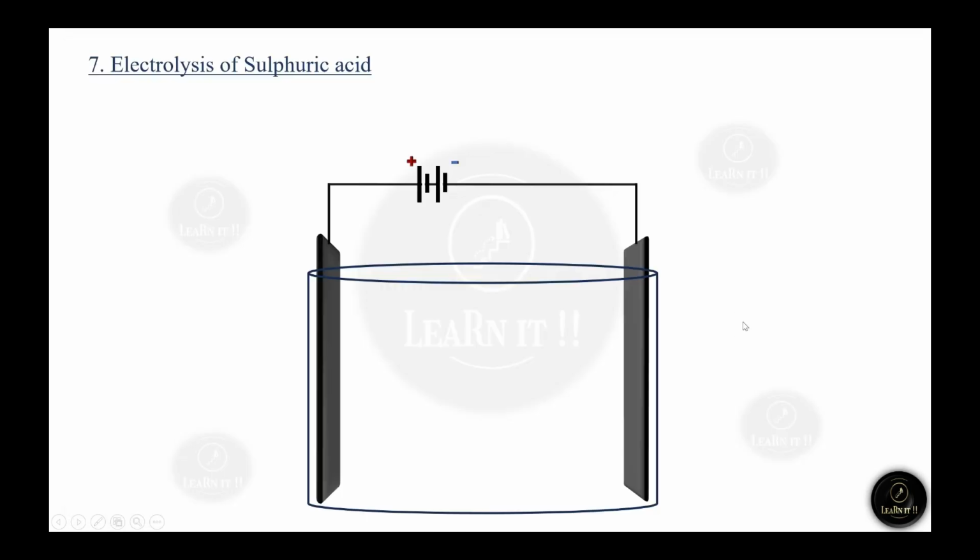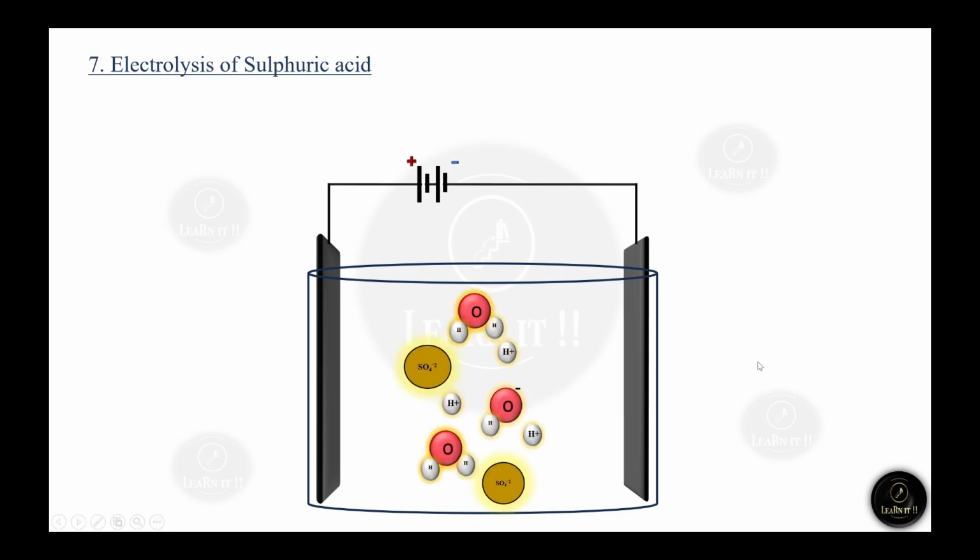So the last one is electrolysis of sulfuric acid. Here sulfuric acid contains H⁺ ions, OH⁻ ions, SO₄²⁻ ions, and water molecules.